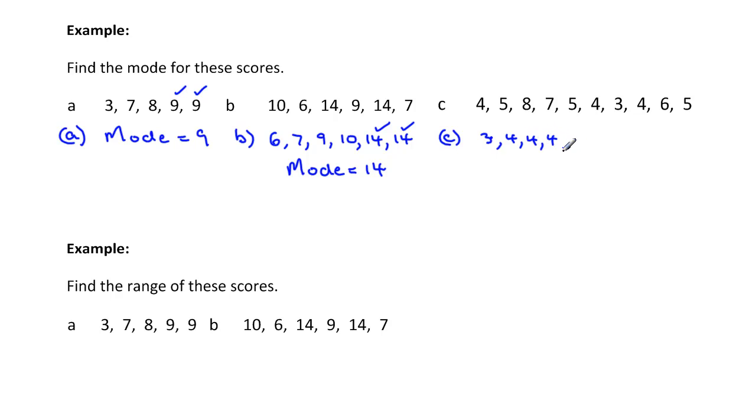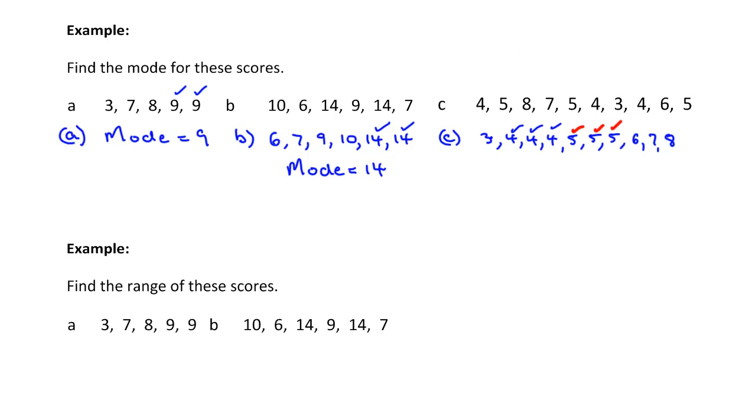Take your time to do this properly so you don't make mistakes. 5, 5, 5, and then 6 and 7 and 8. Now you'll notice something interesting here, that 2 scores occur 3 times. There's 4, and also, and I'll just change the colour so we don't get these confused, there's also 5.